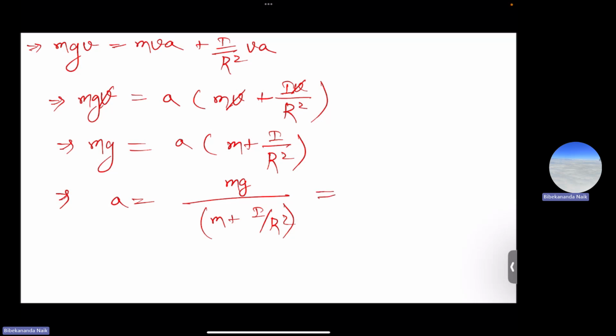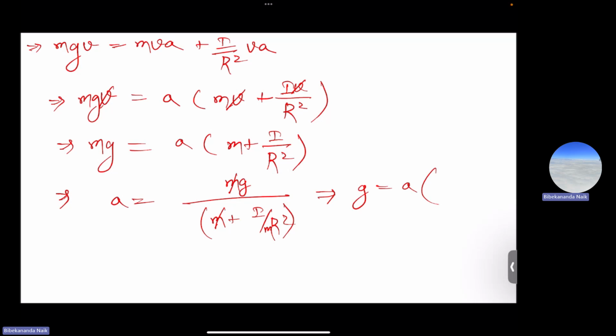Or we can write it as g equals to a into, so in order to cancel this m with this m, we need to multiply m in the numerator.